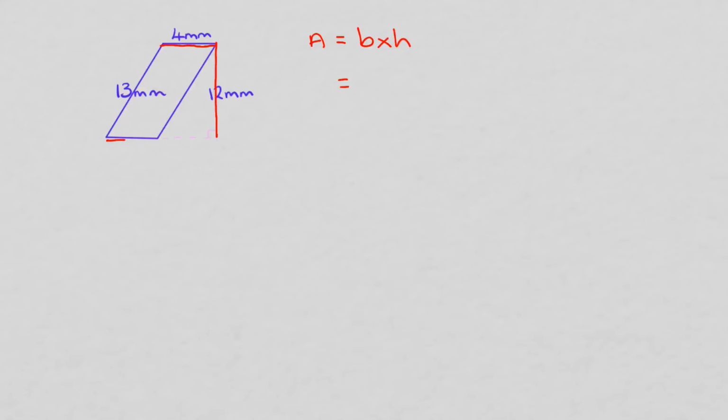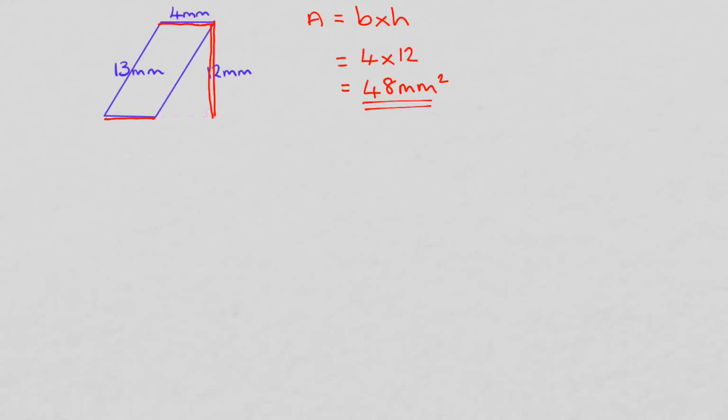Or we could have said this one here and that one there. They're both at right angles. So the base is 4, the height is 12, not 13. So that gives us 48 square millimetres.